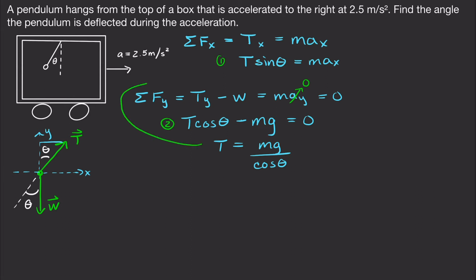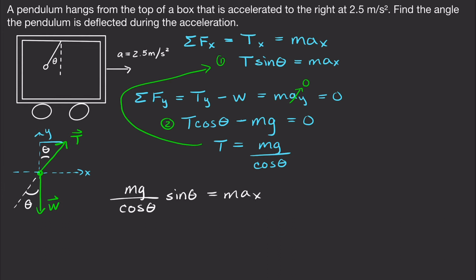And then I'm going to take this and plug it in to my first equation with tension. So everywhere I see T, I'm going to replace it with mg over cosine theta. And so that gives me mg over cosine theta times sine theta, and that's equal to mass times acceleration in the x direction.